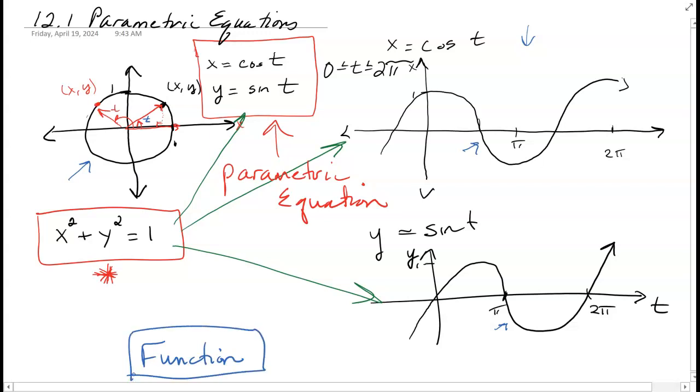When you have a curve that is not a function, such as a circle, that limits us in what we can do with that curve when it comes to derivatives and integrals.